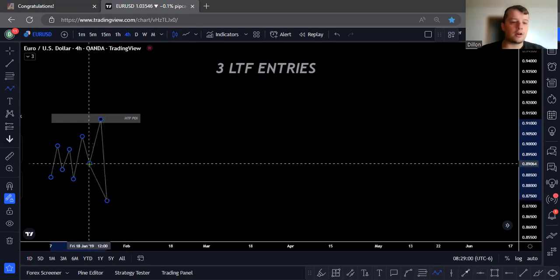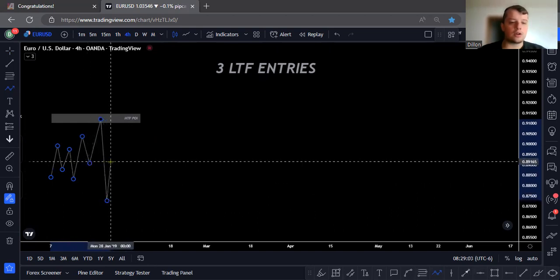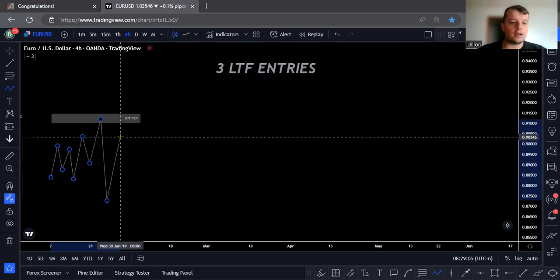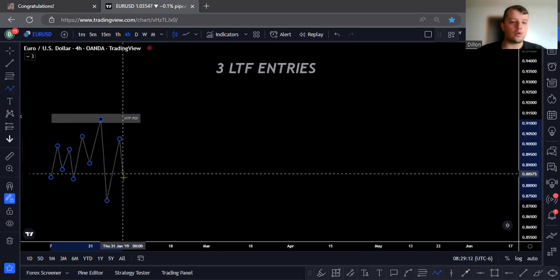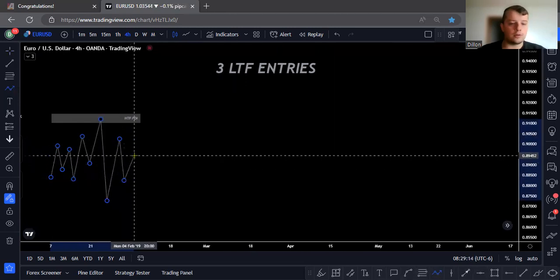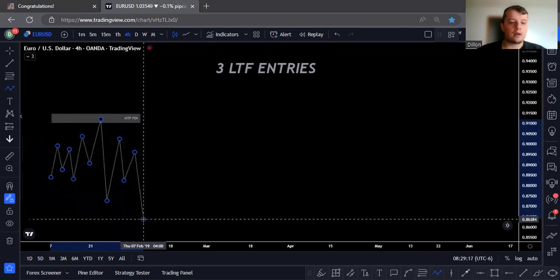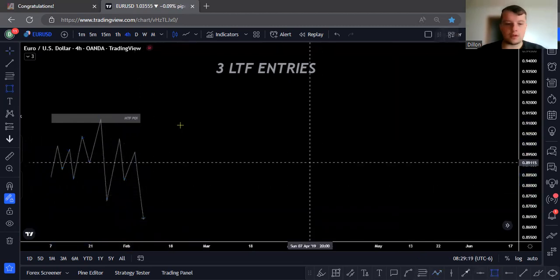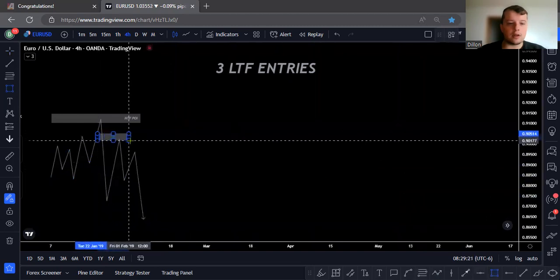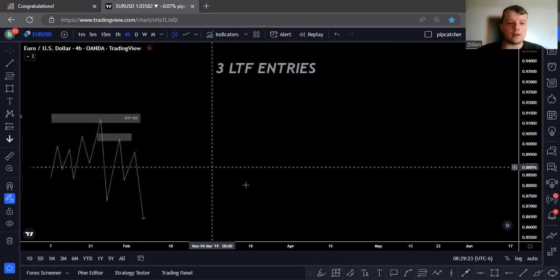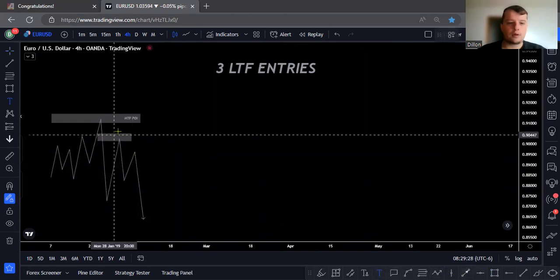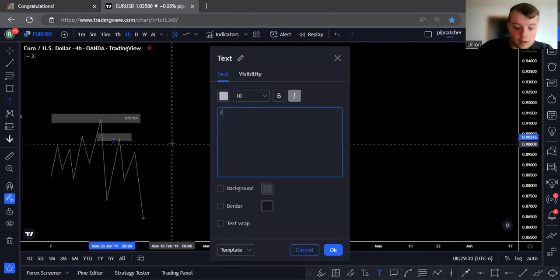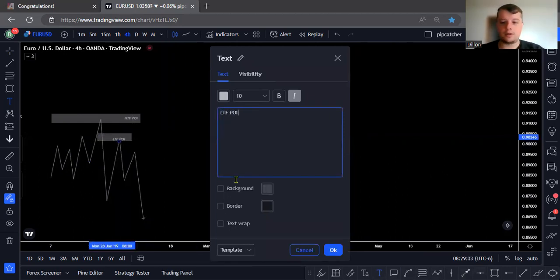So price can either come back to this structure point here or a little higher around a lower time frame order block. We'll say this right here is your lower time frame point of interest.